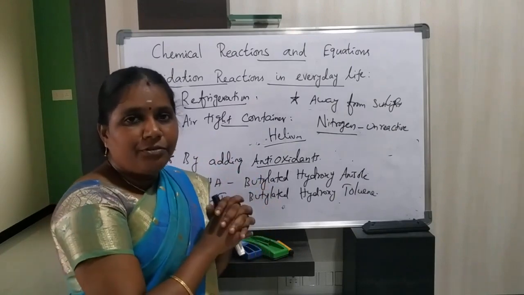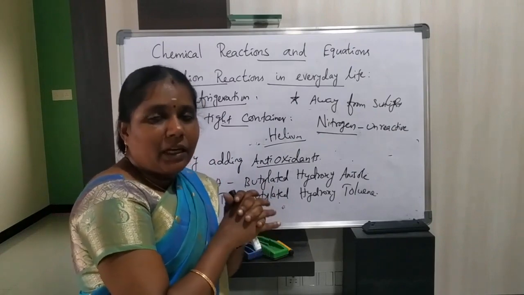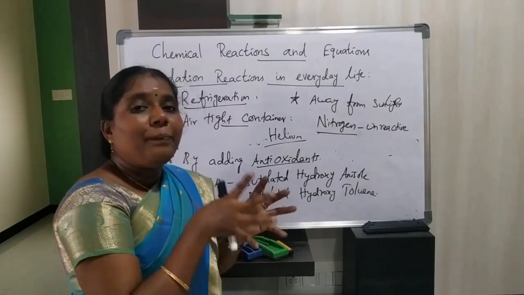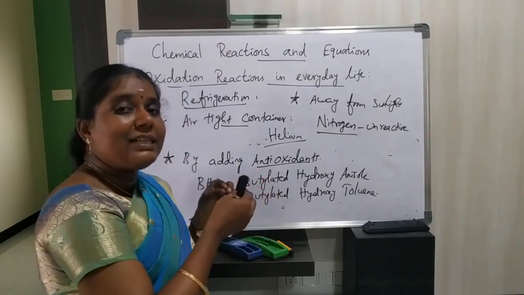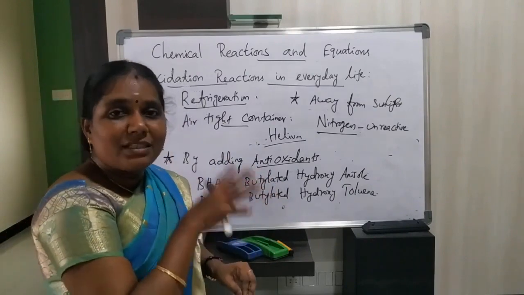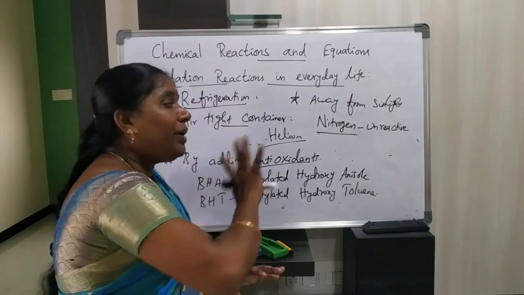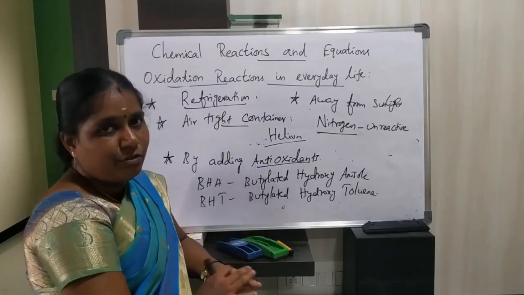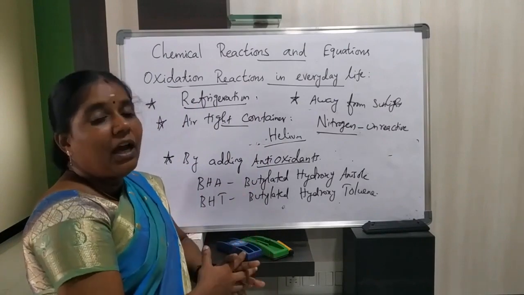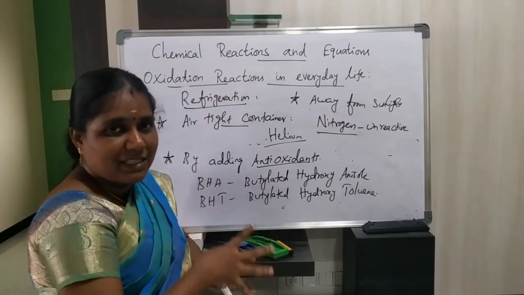Oil and fat food items, by oxidation, develop an unpleasant taste and odor. This process is called rancidity. To prevent this rancidity, we have to store the food in a refrigerator, or keep it away from sunlight.